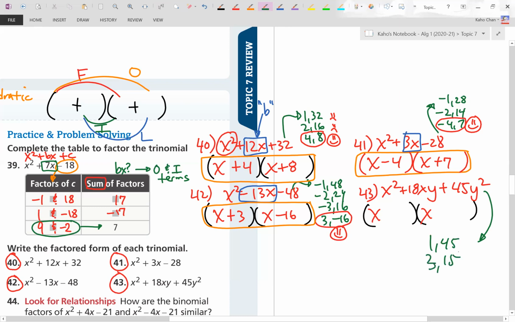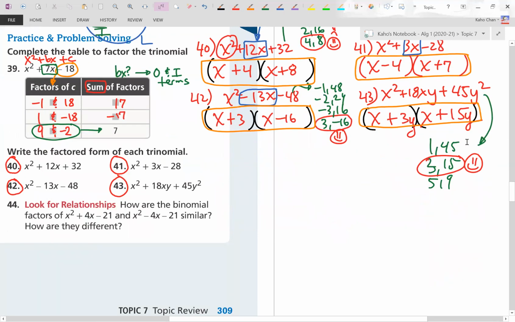What? I almost went to 5 and 9, but 3 and 15 work. Yes. Something that we could kind of forget sometimes: try all the possible numbers to factor into it. There's your answer. Oh, wait. Did I ignore the y for a moment? So what you want to do is put the y back in. There's that one. There's that one. Down is that. Yes. Any questions about 7.5?